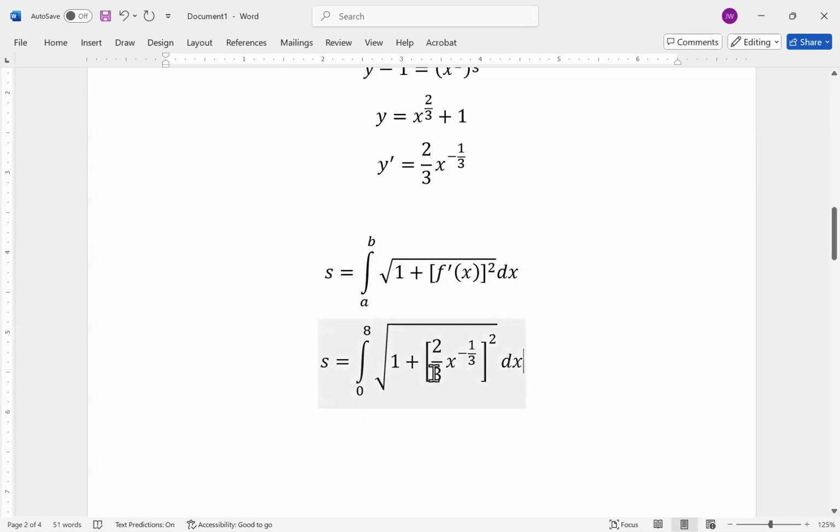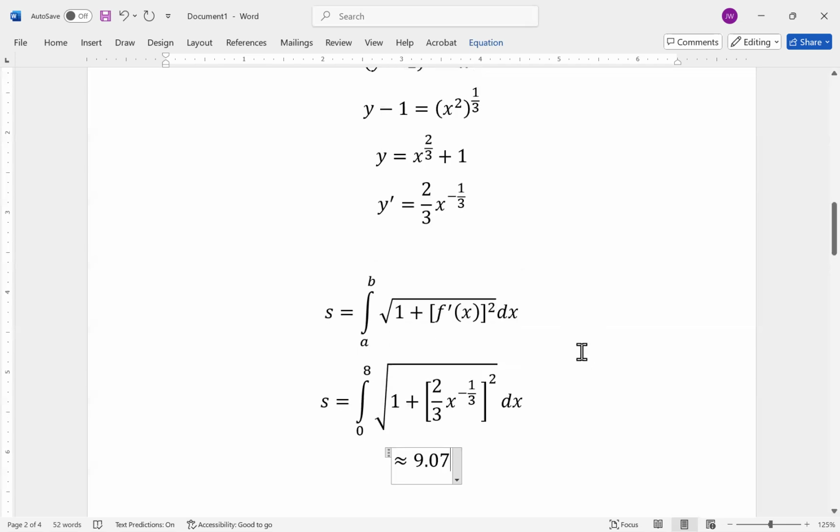Because we have lots of exponents, make sure that the squared is around the 2/3 x to the negative 1/3 power. It'll probably take a second for your calculator to come up with an approximate answer. I got about 9.07.